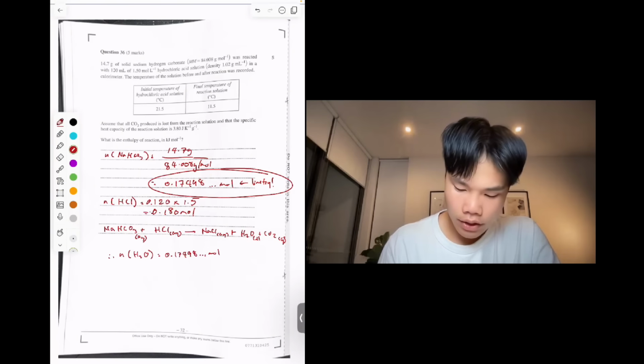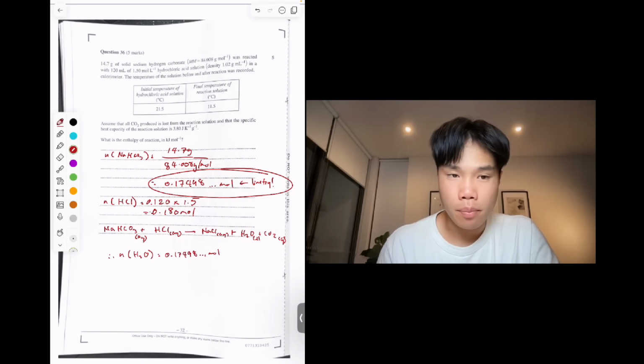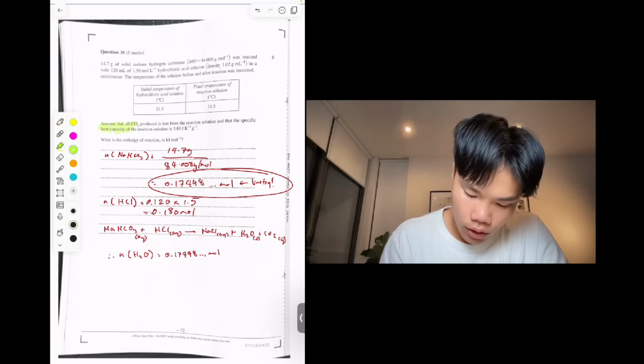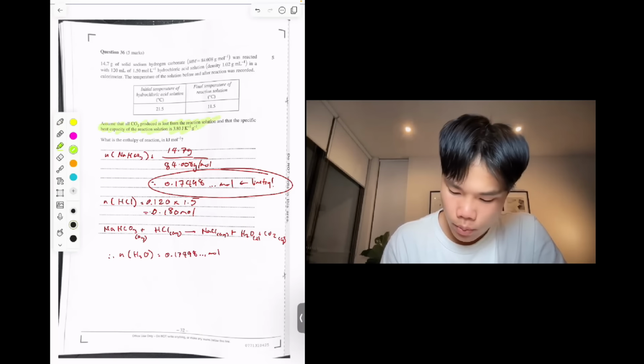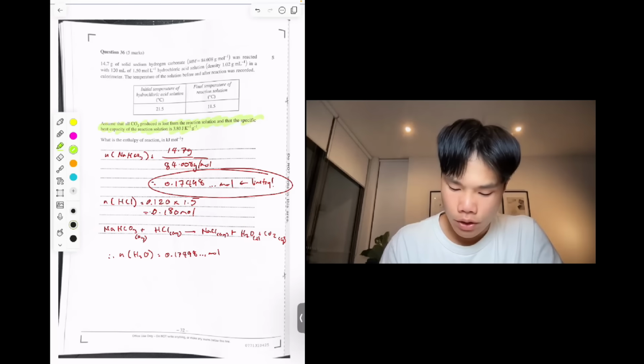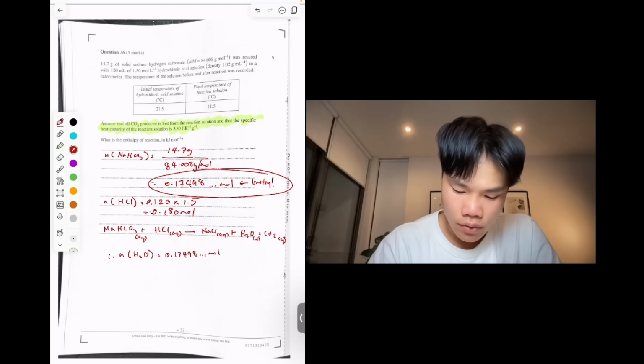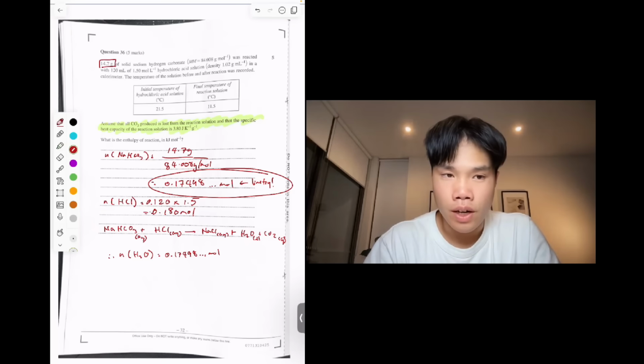So then the difficult part of this question is actually in finding the mass. There's information that's provided towards the end that says, assume all CO2 produced is lost from the reaction solution and that the specific heat capacity is now this. They want you to process that you've added in a mass and that some of that mass has been lost in this final solution.